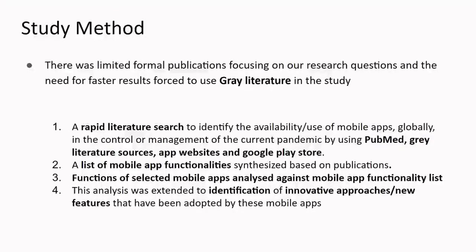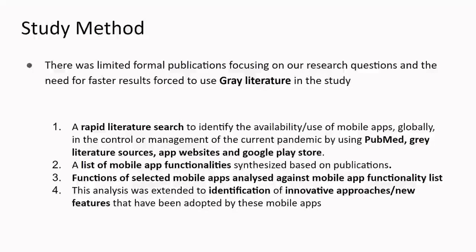So we had to do it rapidly. We tried to find scientific publications, as well as we focused on grey literature. At the same time, we had to get information from websites and applications like Google App Store to collect information or gather data needed for our research, our study.